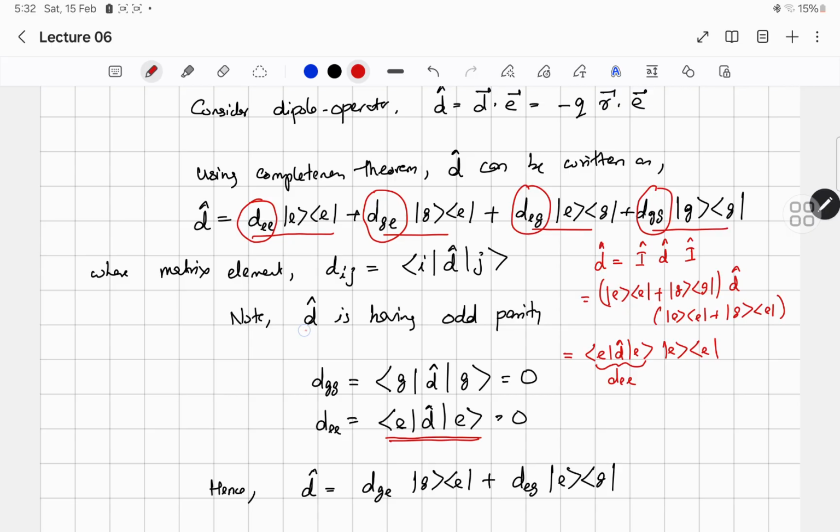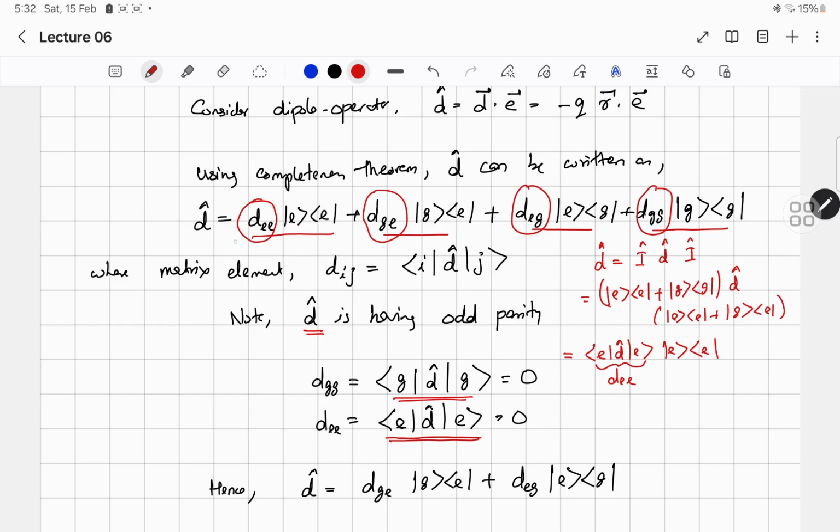But D has odd parity. So if you look at the matrix element D_gg, that is <g|D|g>, since D has odd parity, this inner product becomes 0, and the inner product <e|D|e> would also become 0. That means two of these matrix elements directly go to 0.